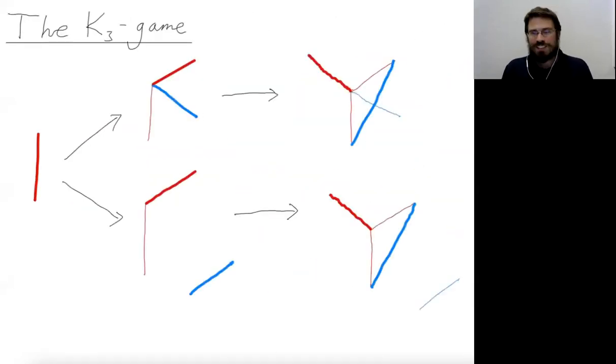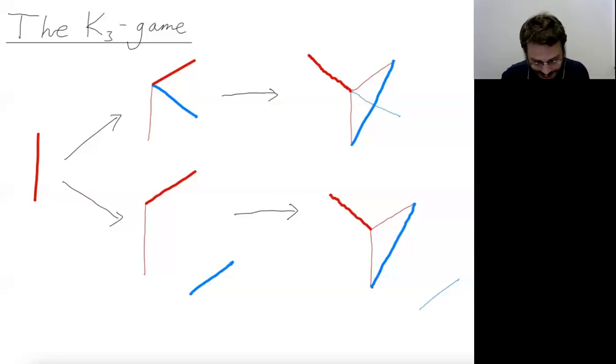Okay, so if this K5 game is too intractable, let's see if we can start somewhere a bit simpler. The K1 game obviously is silly. The K2 game, the first player wins as soon as they make a move.